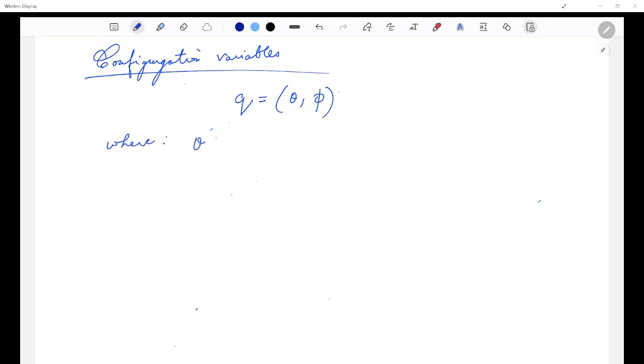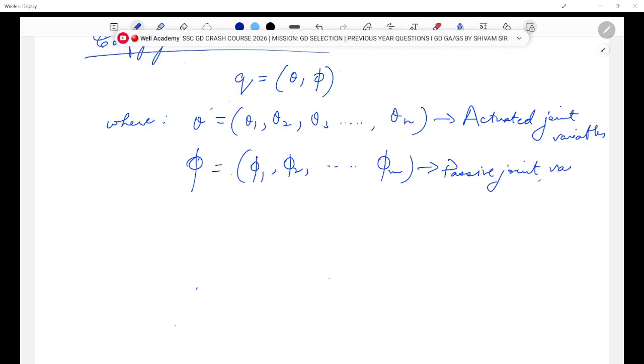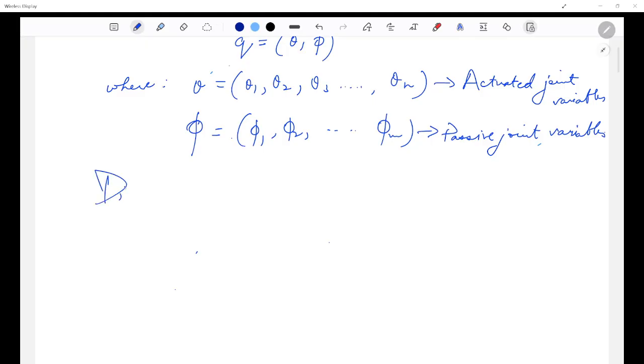Where theta is equal to theta 1, theta 2, theta 3 up until theta n, they can be actuated joint variables, the ones that actually have a motor. But phi, which is phi 1, phi 2, and so on till phi m, would be passive joint variables. Okay, so what is my dimension of configuration space?